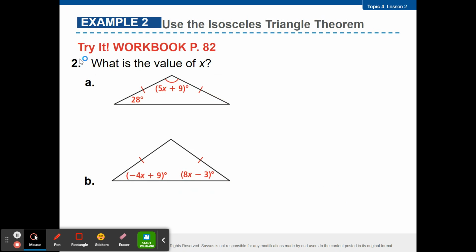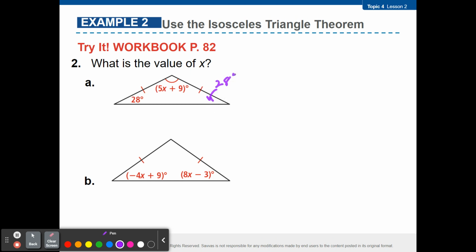All right, so go to page 82 in your workbook. We're going to look at try it example 2. Okay, so it says, what is the value of x? All right, so here's what we need to kind of fill in. If we look right here, we have the two sides. So by the isosceles triangle theorem, this is 28. That makes this also 28 degrees.